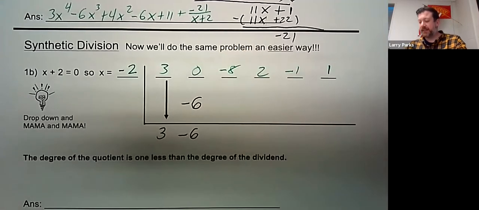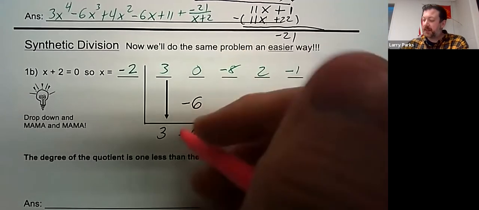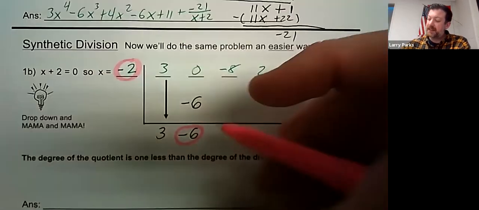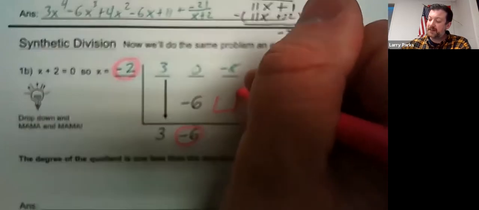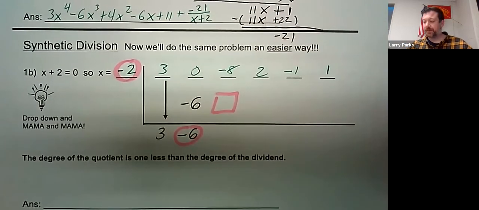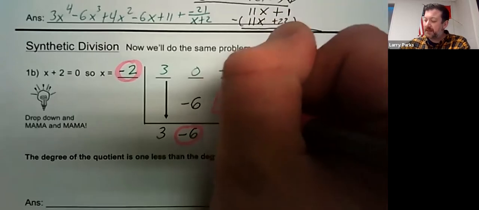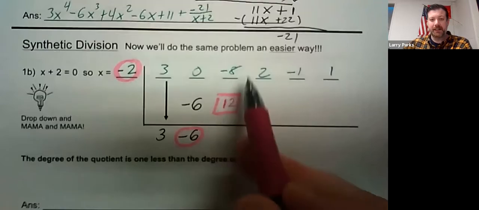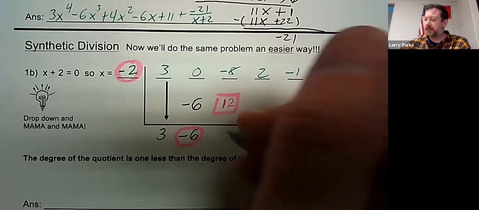And then I'm going to multiply. So I'm going to take this times this, and that goes here. Well, -6 times -2 is 12. I then add -8 plus 12 is 4.